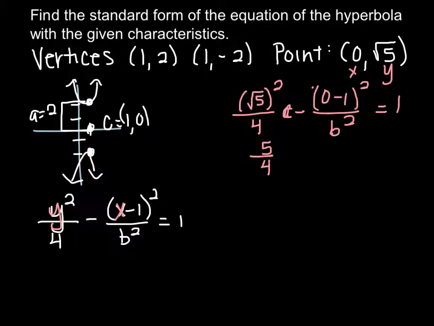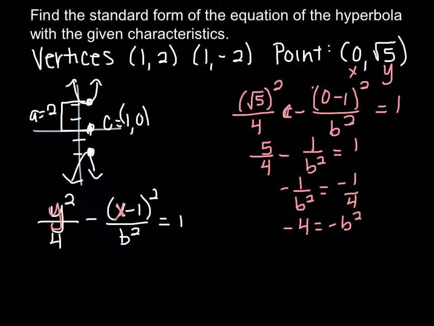5/4 minus 1 over b squared equals 1. When I subtract the 5/4 to the other side, I get -1 over b squared equals -1/4. Cross multiply, -4 equals -b squared, and b squared equals 4.